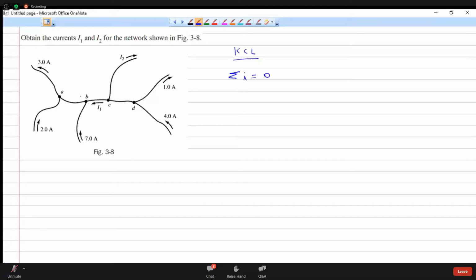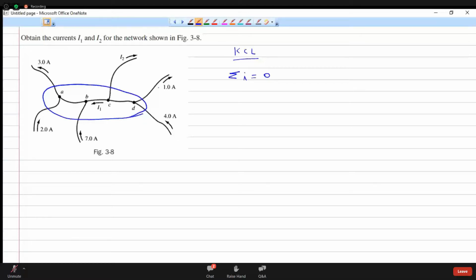The incoming currents and the outgoing currents are marked. With respect to this node, we can add up all the currents.